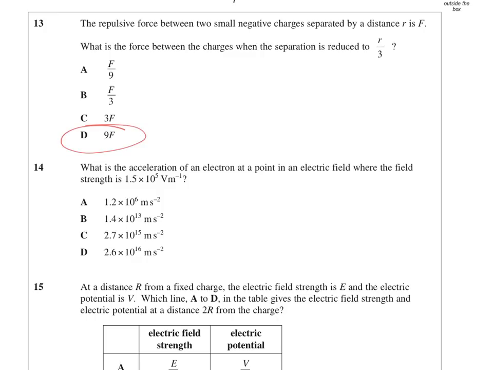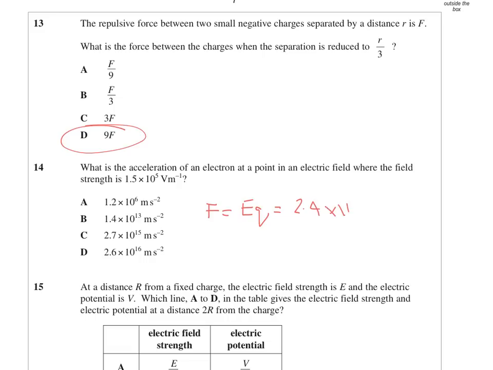What is the acceleration of an electron at a point in an electric field where the field strength is 1.5 times 10 to the 5 volts per meter? So what have we got here? The force will be field strength times the charge, which is 1.5 times 10 to the 5 times 1.6 times 10 to the power minus 19.